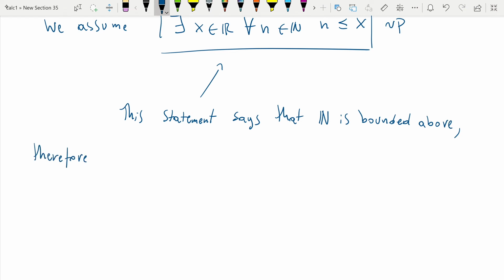Therefore it has a least upper bound, or a supremum. Remember, the set R satisfies the least upper bound property. So it has the least upper bound.